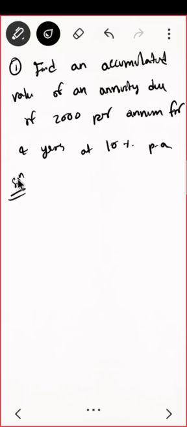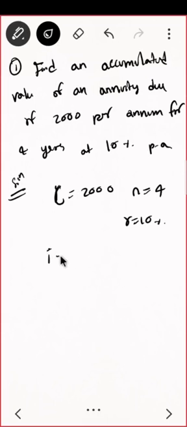What are the things given to you? So you are paying 2000 per period, so this is your C, C equal to 2000. What else? 4 years and 10%. So what will be your i? r upon 100, 0.1.